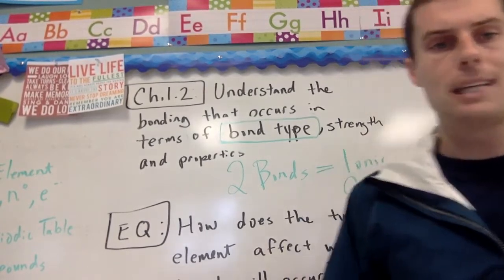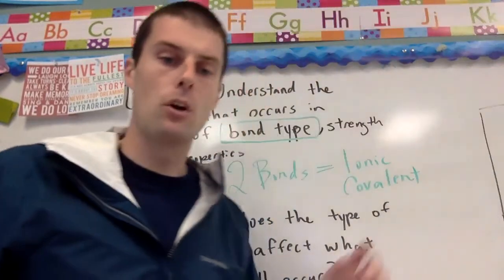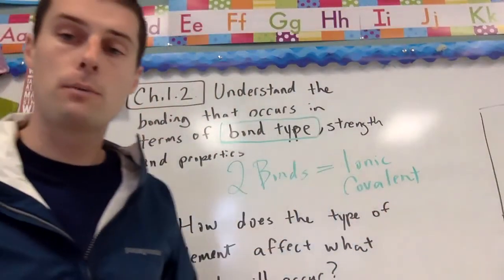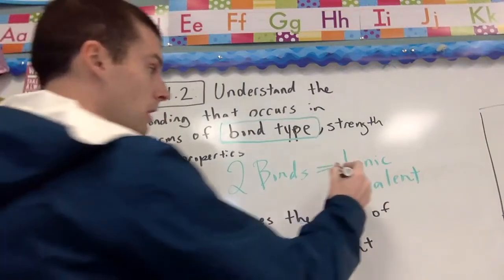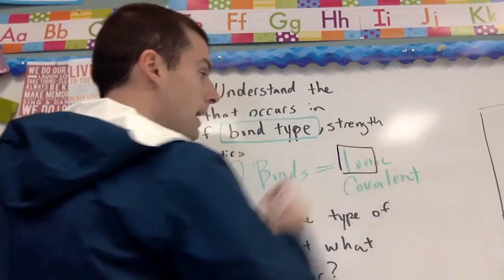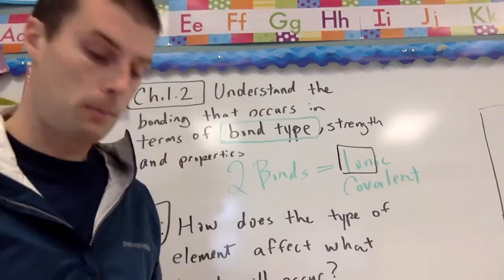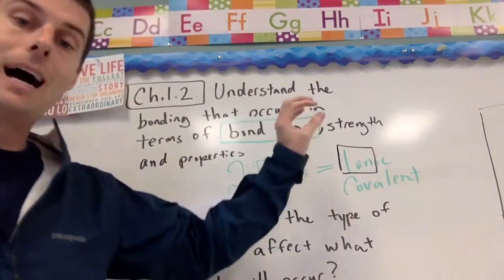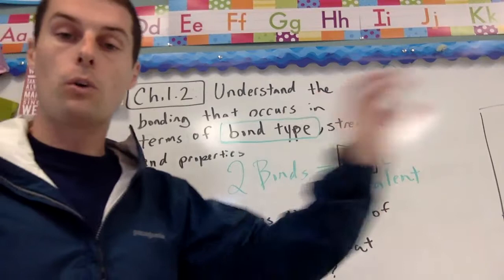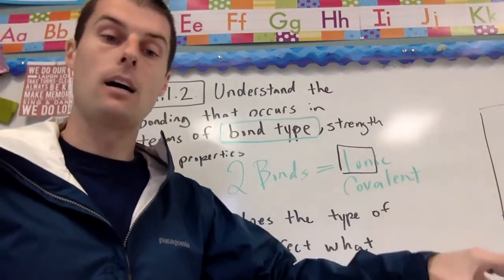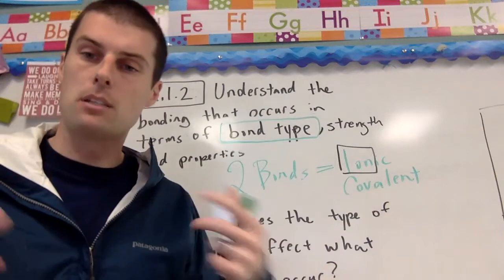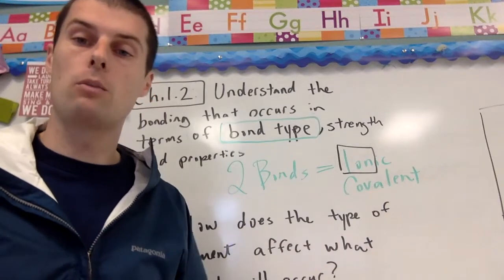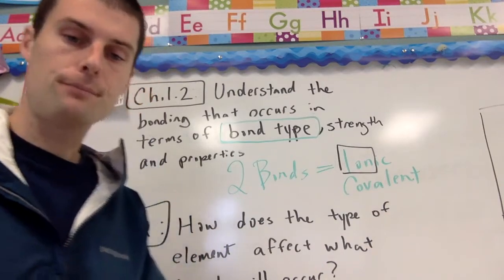All right, so we'll take a little bit of a deeper dive into those types, okay? You've probably heard of these before. We have talked about something called an ion. All right, so we've talked about ions before, so you'll see how ionic bonds correspond and relate to ions, okay? And then covalent is not a difficult word to say, but it's probably a new word for you that we'll take a deeper dive into, okay?